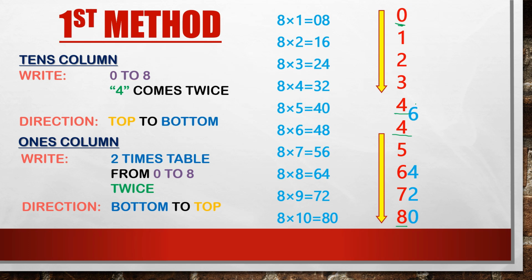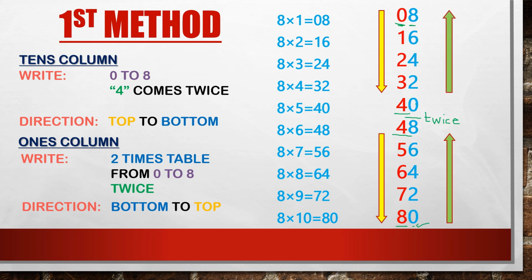Next, the ones column starts from the bottom and the table of 2 is written from 0 till 8 twice. So, you can see that through this trick you can easily write down the 8 times table without any confusions.